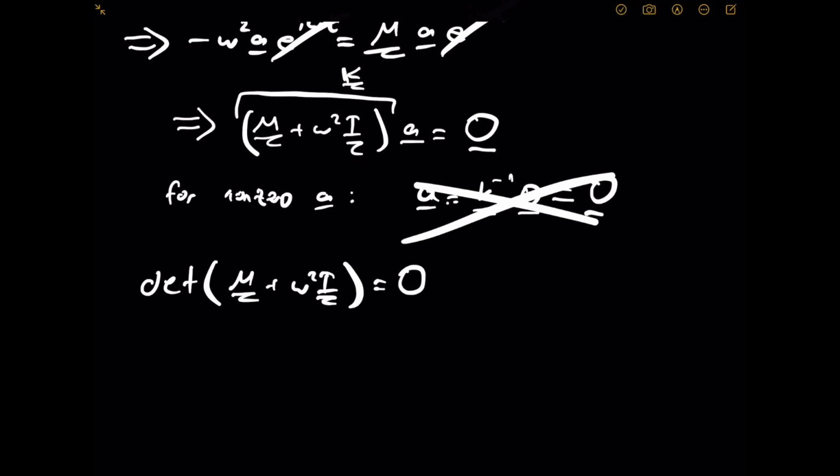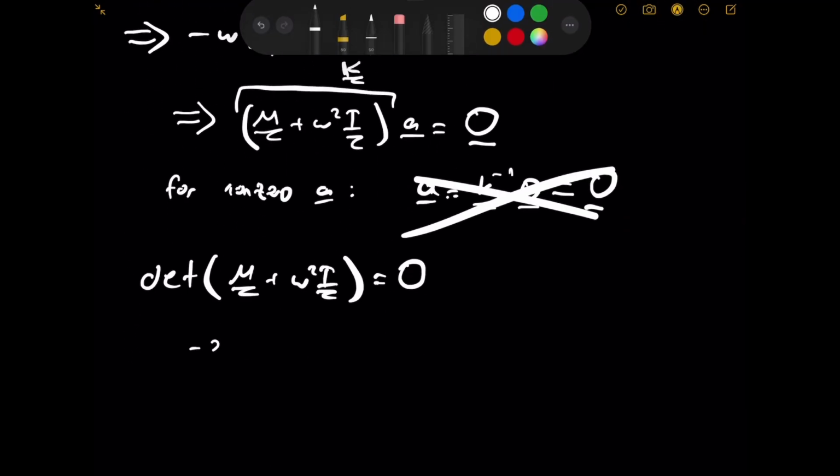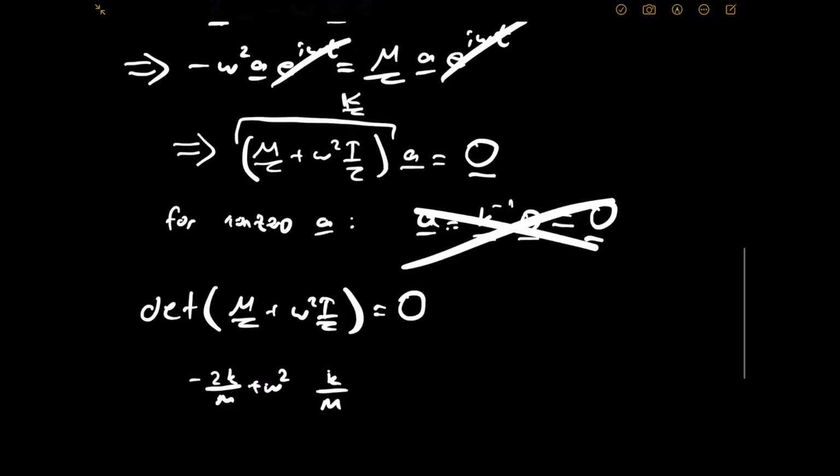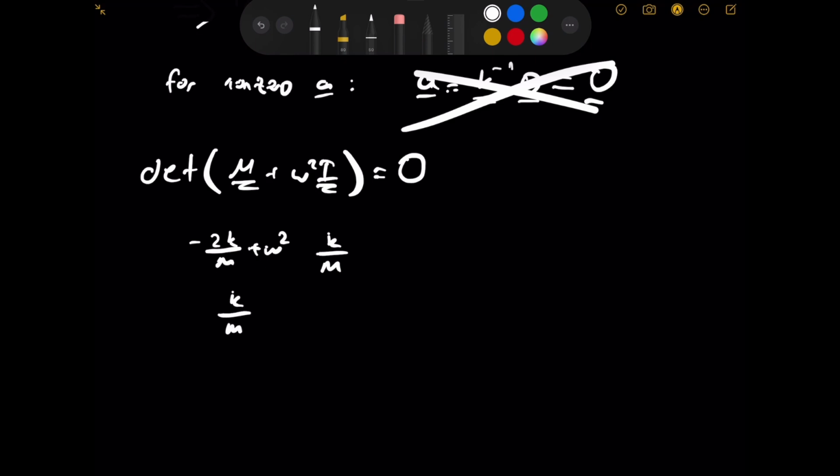And let's construct that matrix then. So minus 2k over m plus omega squared, k over m. No, sorry about that. Was it a k over m? Let me just check. Yes, so it was a k over m. K over m, minus 2k over m plus omega squared.